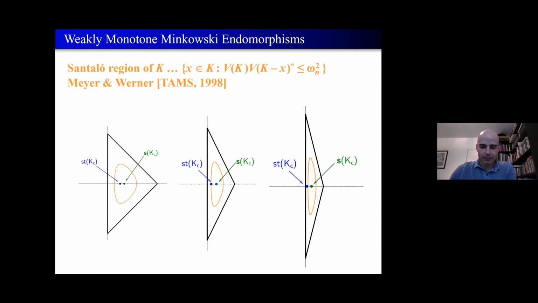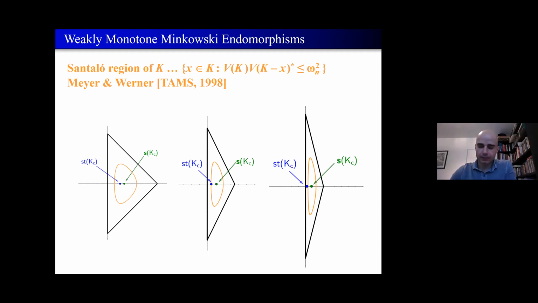So apparently there's no way to extend the result that we had for monotone Minkowski endomorphisms, a very satisfactory family of inequalities, to merely weakly monotone Minkowski endomorphisms.